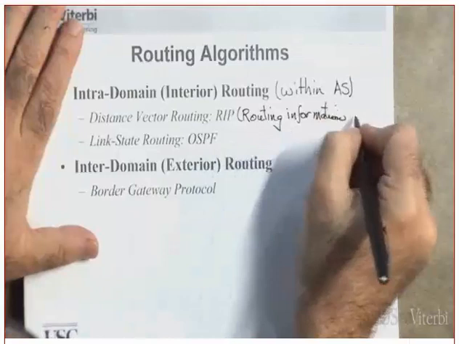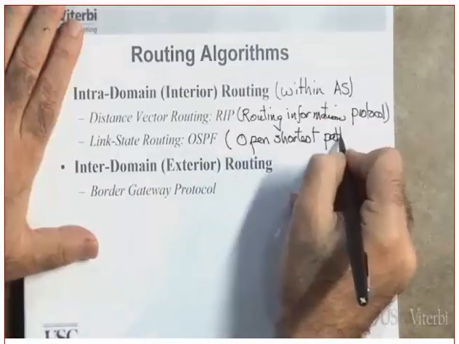This cost of V means: how do you reach V directly, or how do you reach V via W? Via W is the one that is the shortest distance.